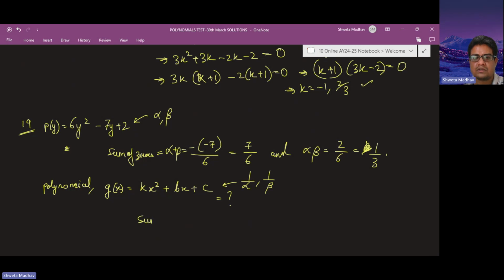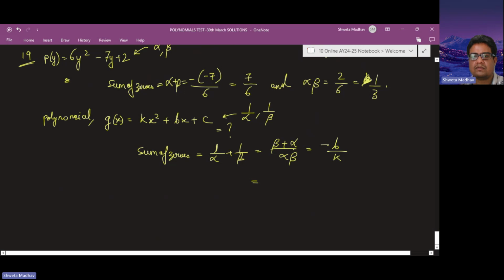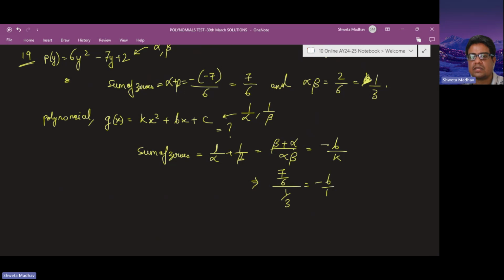So here the sum of the zeros, which is 1 by alpha plus 1 by beta, we can write as, taking the LCM alpha beta, beta plus alpha by alpha beta, and that will be equal to minus b by a, which is minus b by k. So alpha plus beta value is 7 by 6. So 7 by 6 by alpha beta, that is 1 by 3, is equal to minus b by k.